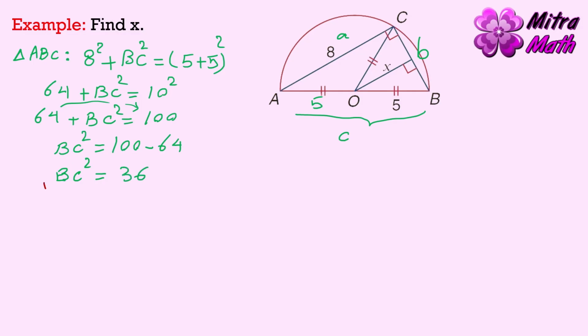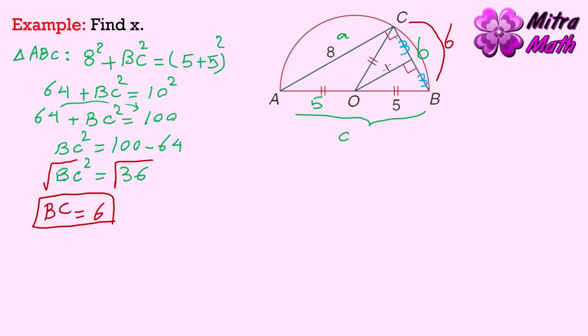Taking a square root from both sides, the length BC is nothing but 6 centimeters, or meters, or 6 units. Keep this rule in mind. So it means from here to here is 6 centimeters. As a result, half of it from here to here would be 3 centimeters, and from here to here would be 3 centimeters.